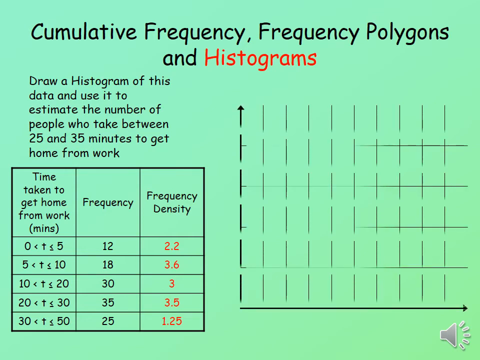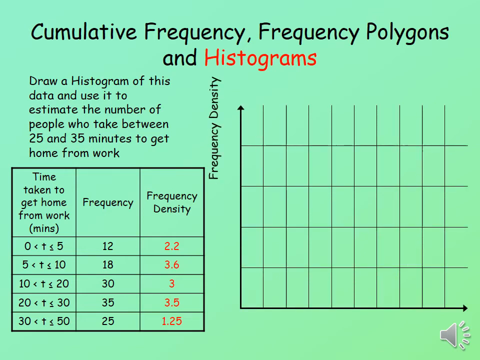Okay, so again I'll show you what the two axes are. So we have frequency density on there, if you can remember, and we have time on there. So I'll give you 5 seconds to see what you draw, and then we'll compare it to mine. Okay, 1, 2, 3, 4, 5.